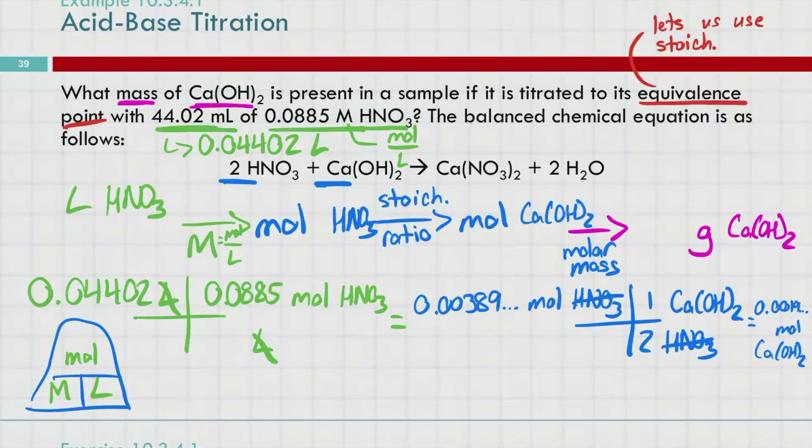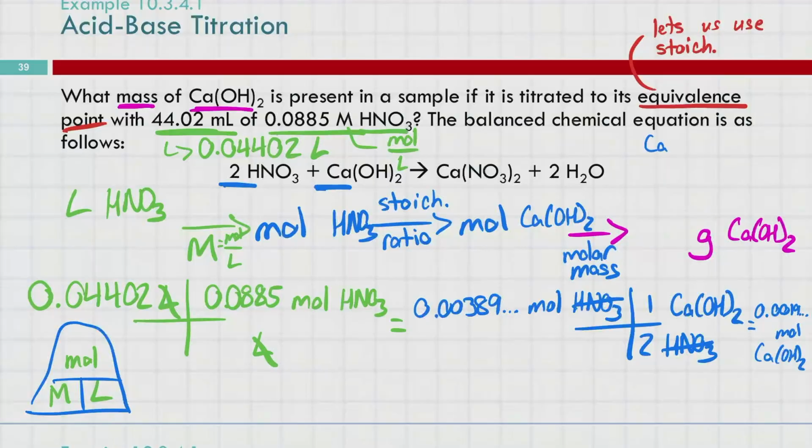And then our last step is to take our moles of calcium hydroxide and turn it into grams of calcium hydroxide. We've got 1 calcium, 40.08 grams per mole.